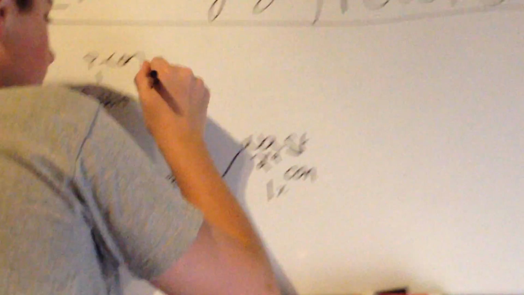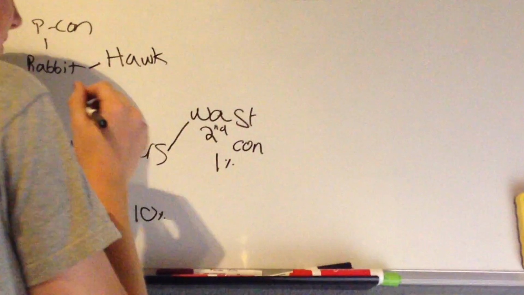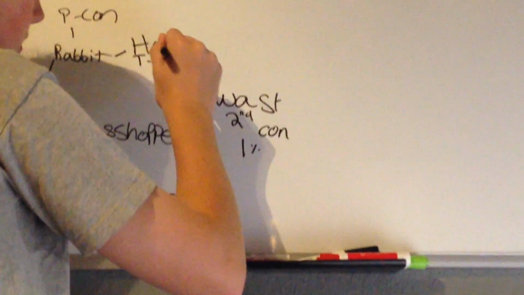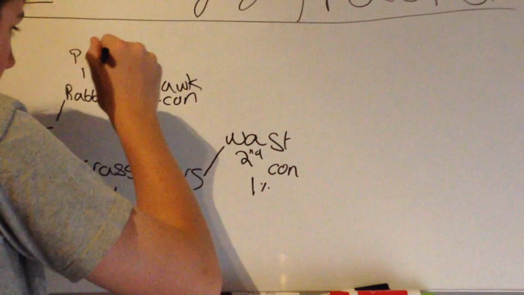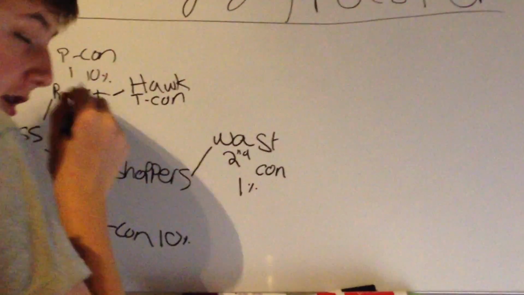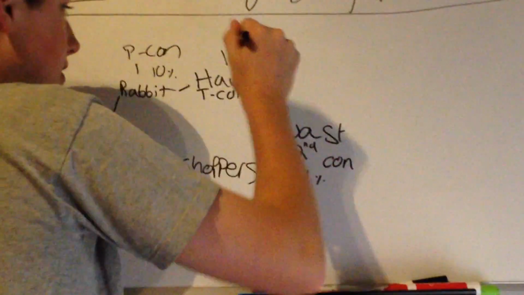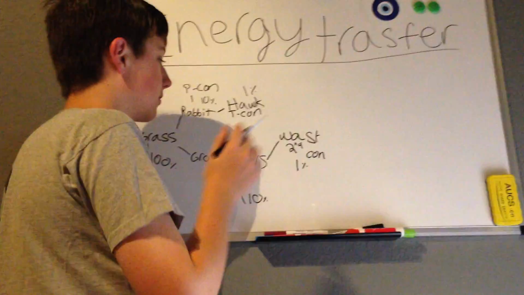The rabbit is eaten by the hawk. And since nothing eats the hawk, this is actually the tertiary consumer. So in this case, following the 10% rule, the tertiary consumer in this circumstance would actually have 1% of the energy, not 0.1 like it usually would with secondary consumers. It varies by the different levels you have.